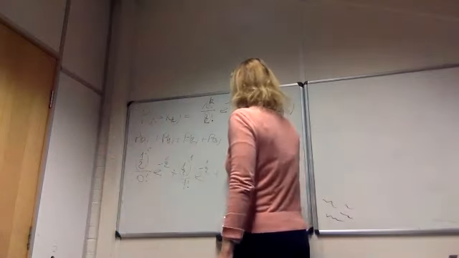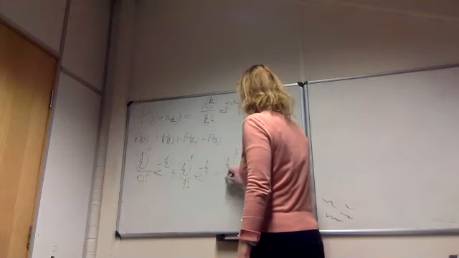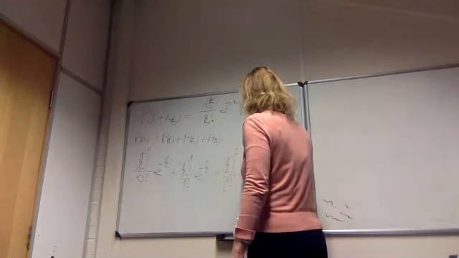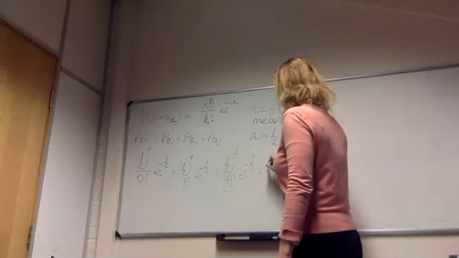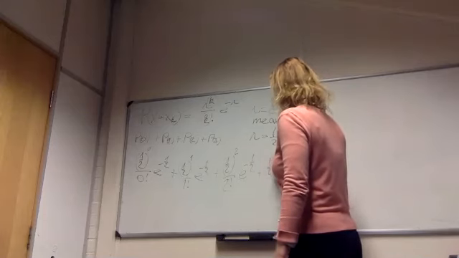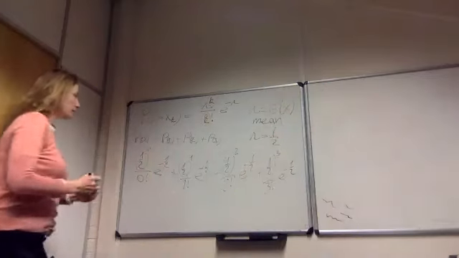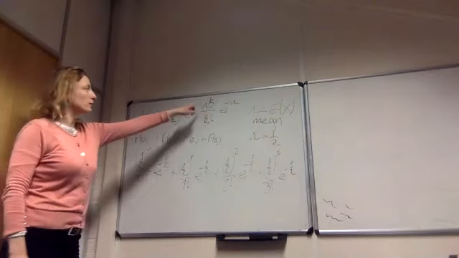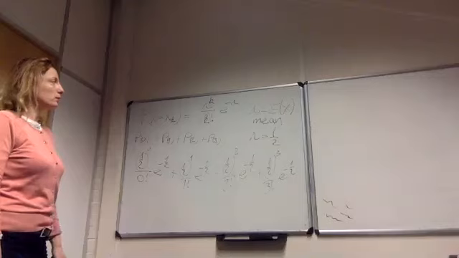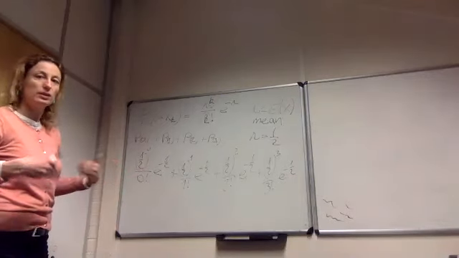Then half raised to the power of 2 over 2 factorial times e to the power of minus half, and the last one, half raised to the power of 3 over 3 factorial times e to the power of minus half. Okay, so we just put 0, 1, 2, 3 in place of k into this formula, because k means the number of events that happen in the given time interval.